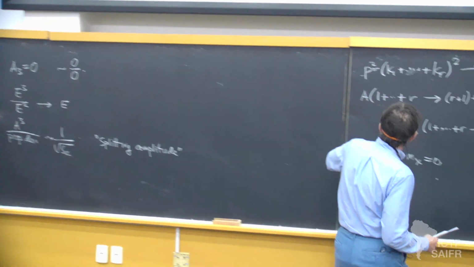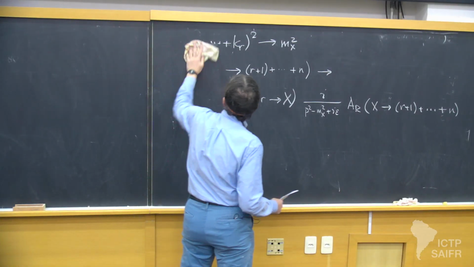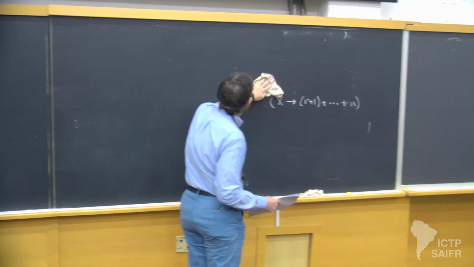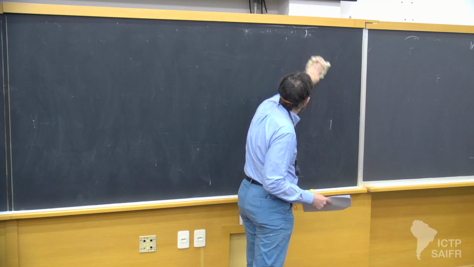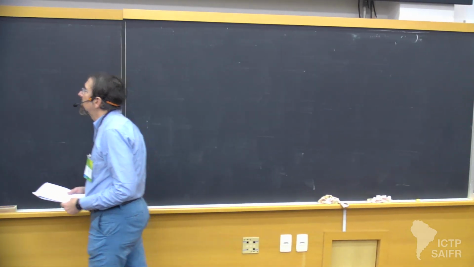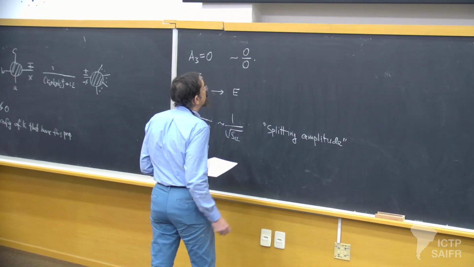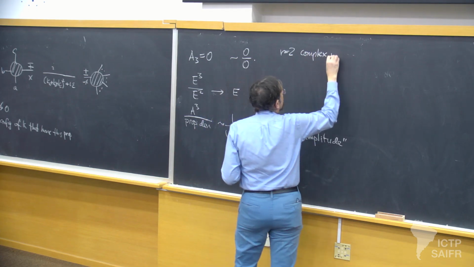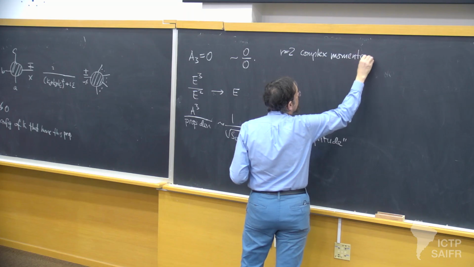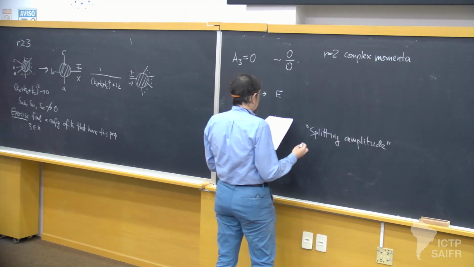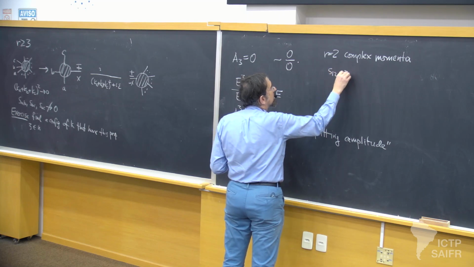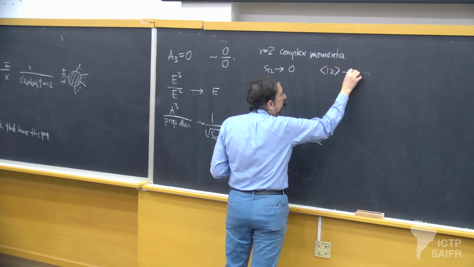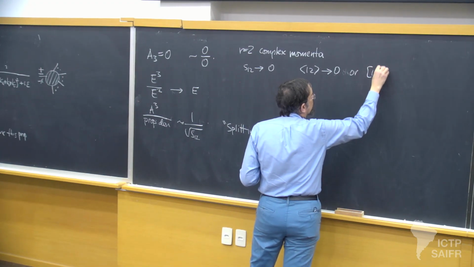So that's what one has to do if one is thinking about real momenta, but mercifully, if one thinks about complex momenta, so amplitudes that are continued into the complex plane for the external momenta, then even in the r equals 2 case with complex momenta, everything works in more or less a straightforward way, because the propagator is indeed going to diverge, let's say, if we have two particles, 1 and 2, as S12 goes to 0, but that will happen either through the angle product going to 0 or the bracket product going to 0.